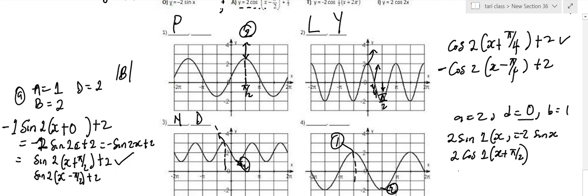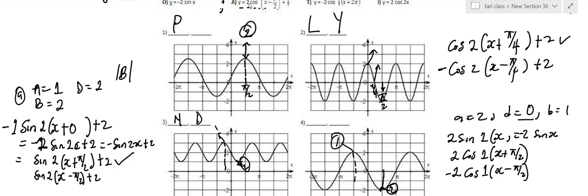Now let me observe point 2, then I will check which one I have for my option. This will be the same thing, cos 1 bracket x. So here will not be negative pi over 2 because the phase shift here started at positive pi over 2, the equation will be negative. And remember, it started at the bottom point, so the amplitude is minus 2 cos this. So let me check which of these I have in my option.